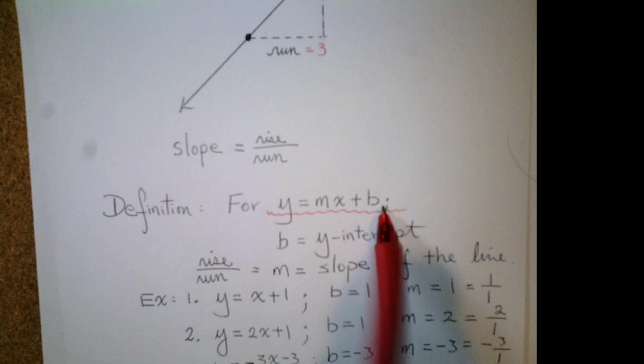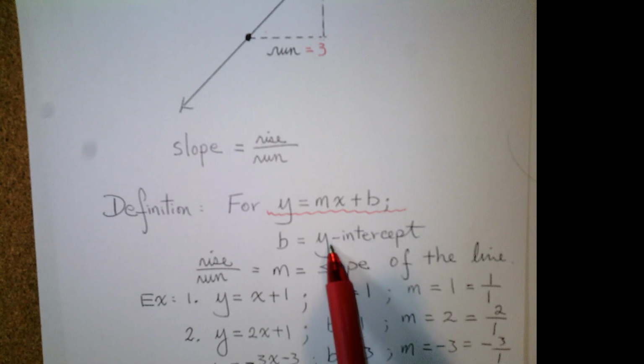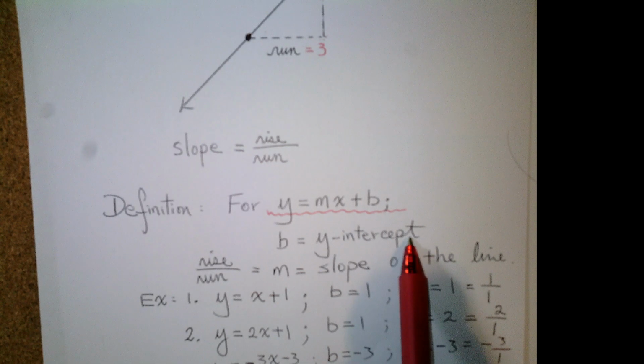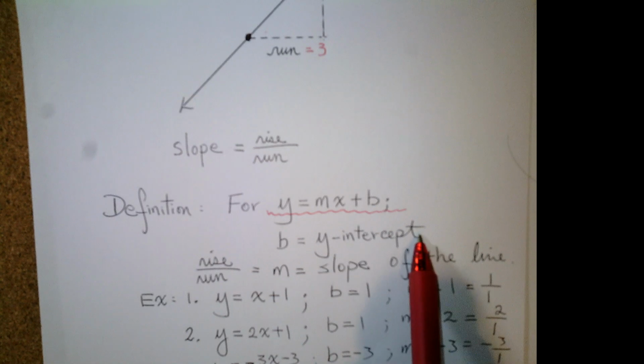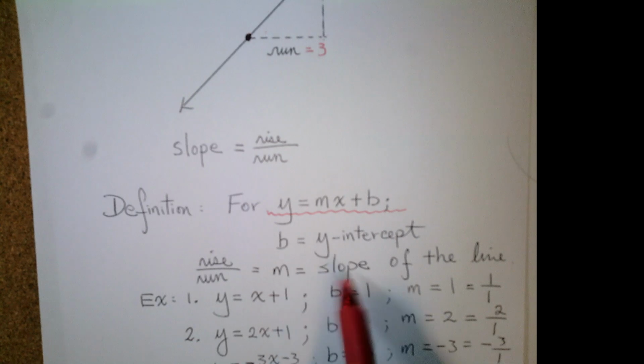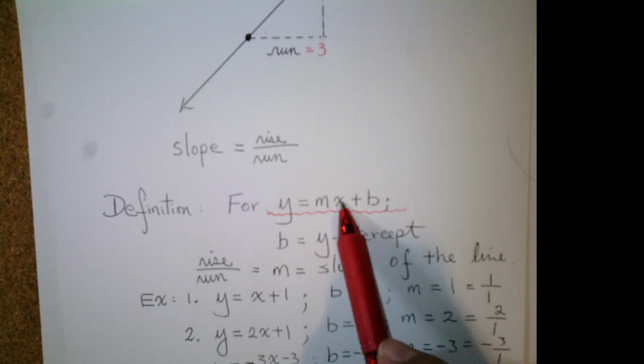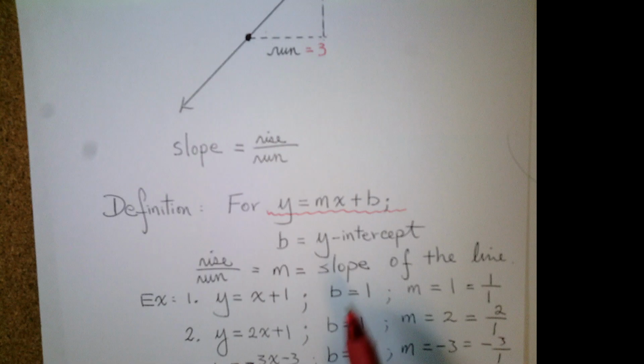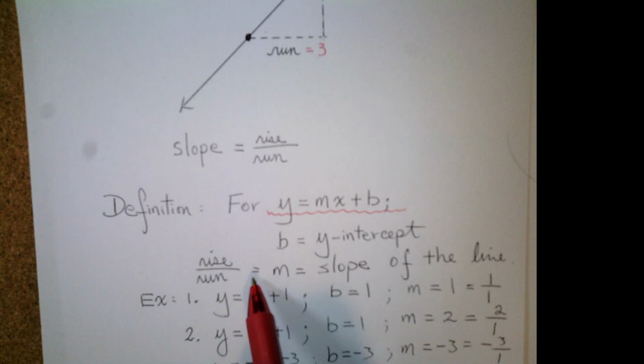The first one is the y-intercept, the starting point. Y-intercept is a point on the y-axis. Then we can identify the value in front of x. In front of x represents the slope, and that's equal to the rise over the run of the line.